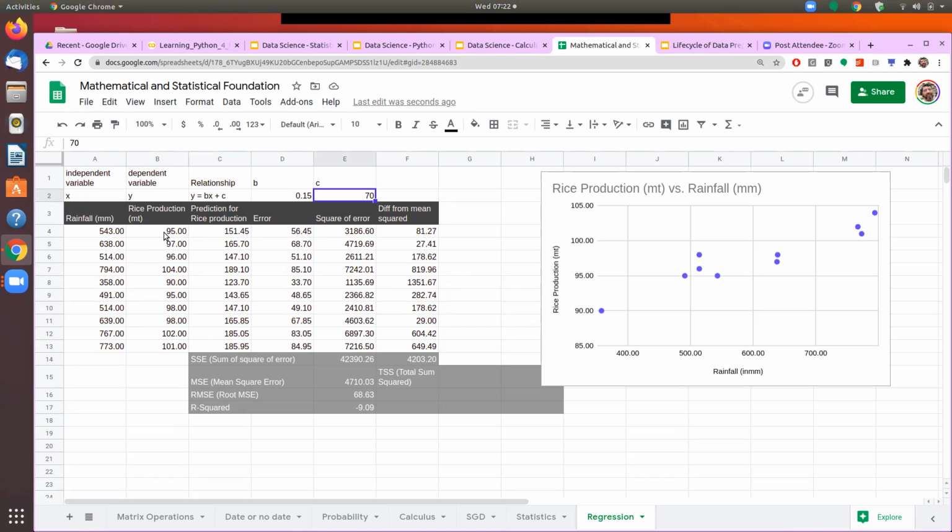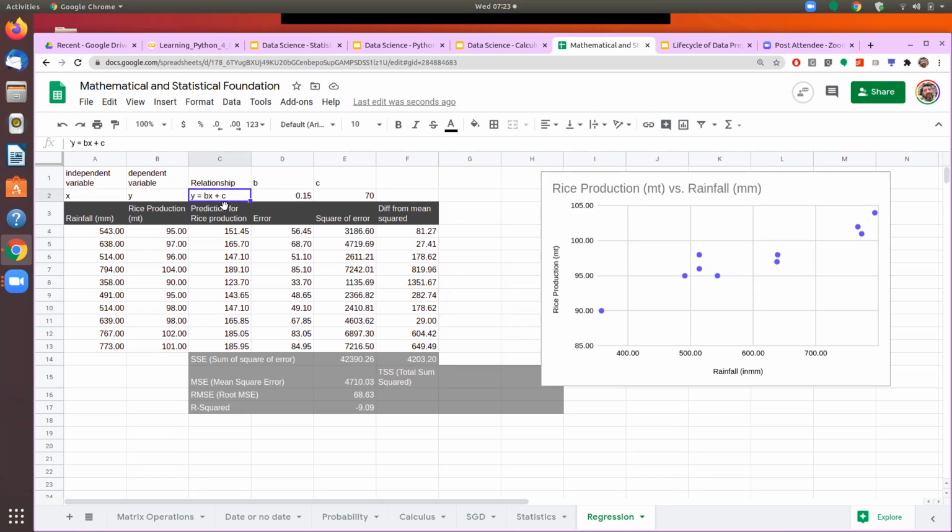So suppose we come to the conclusion that even if the rainfall is zero, my rice production would be 70 million tons. That is what the constant tells. In this equation, when we say y is equal to bx plus c, c is the constant. It means that even if x becomes zero, that will make the value of bx zero, and then the value of y will become equal to c.